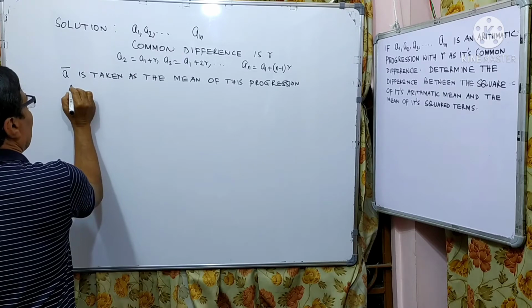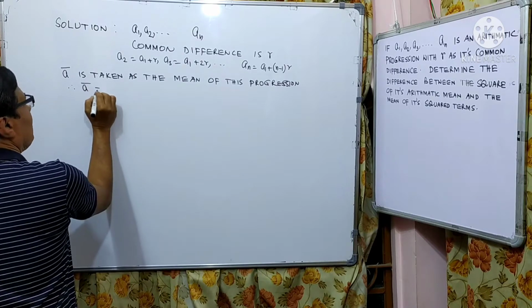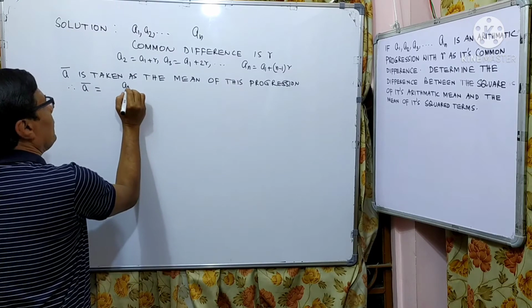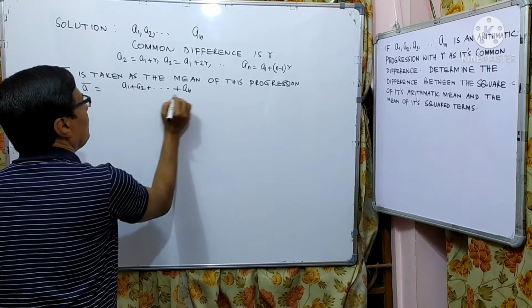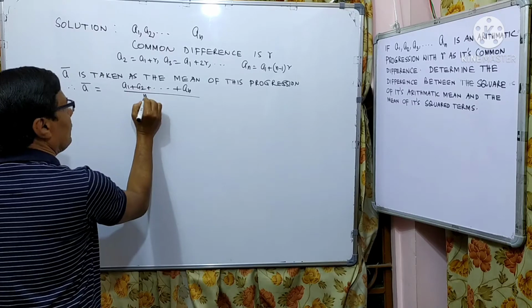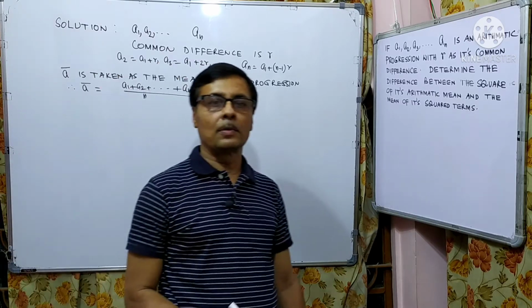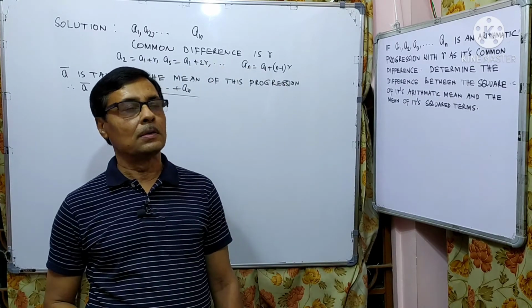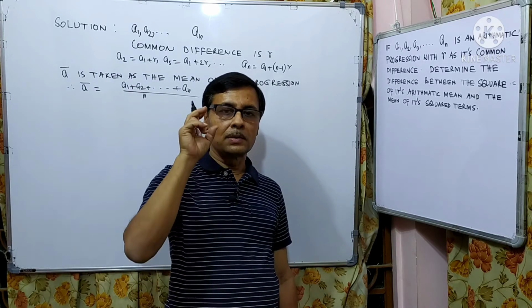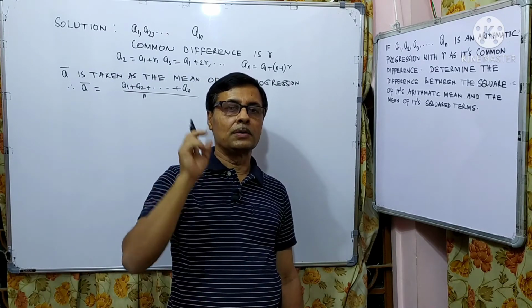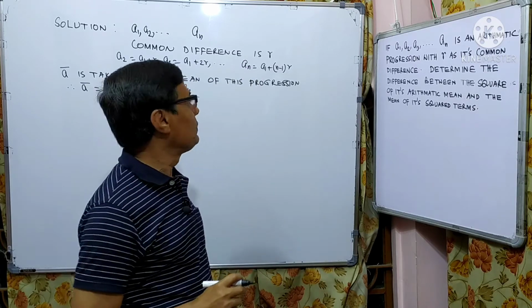So a bar equals a1 plus a2 plus ... an over n. This is the mean of the terms in this arithmetic progression.